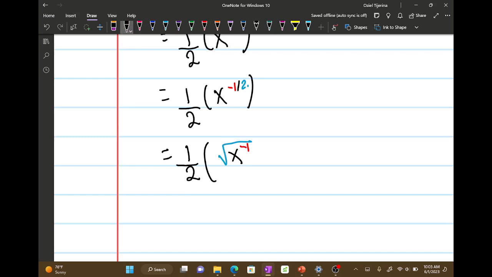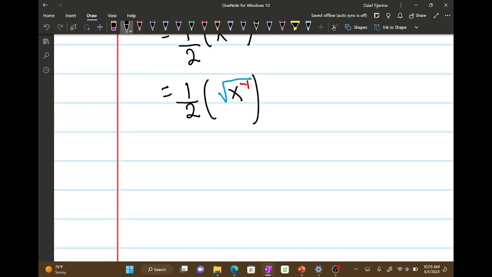And what will happen here is that we're going to have 1 over 2 times, and we know that the square root of x to the negative 1 is really the square root of 1 over x to the first power.